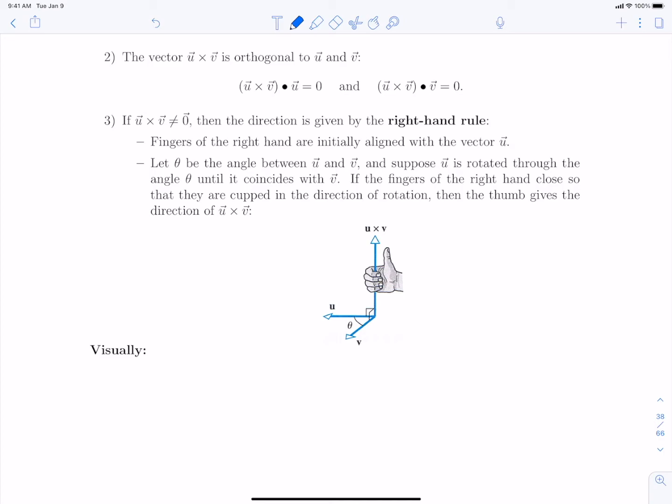And so the idea is that we have this right-hand rule where u cross v is in a different direction than v cross u.